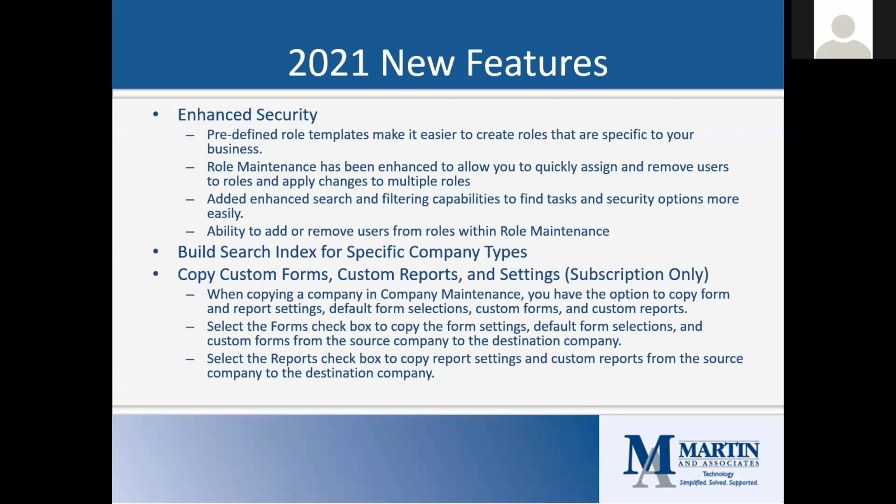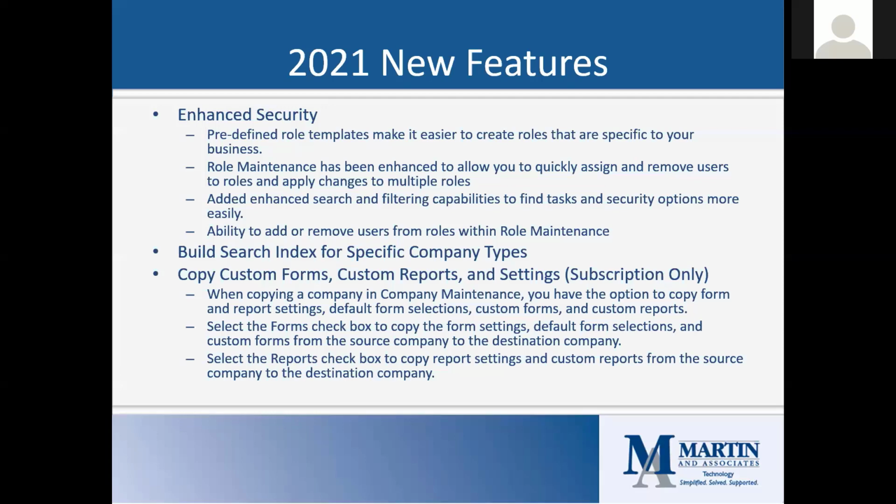When you're in company maintenance and you're copying a company from one company to another, so let's say you're copying a live company to a test company, you're refreshing your test company. When you do that, in prior versions you had the option of copying your form data over.